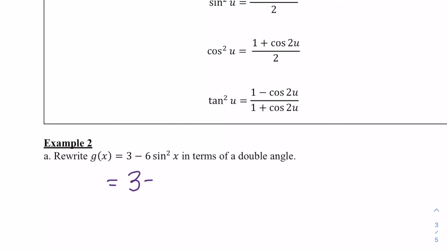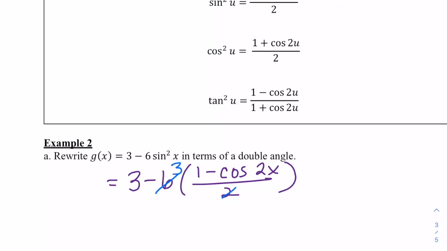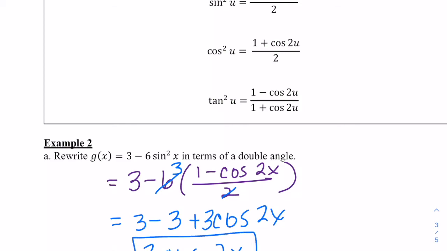So this is 3 minus 6 times (1 minus cosine of 2x) over 2. Well, there's some easy reducing here. That will just be equal to 3 minus 3 plus 3 times cosine of 2x. So that just equals 3 times the cosine of 2x, and that's in terms of a double angle.